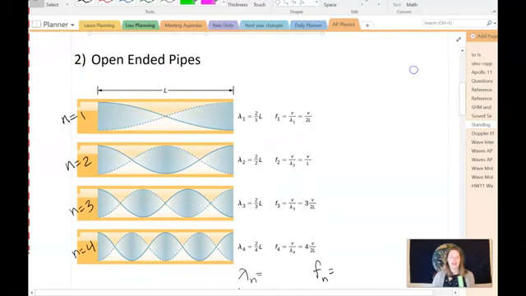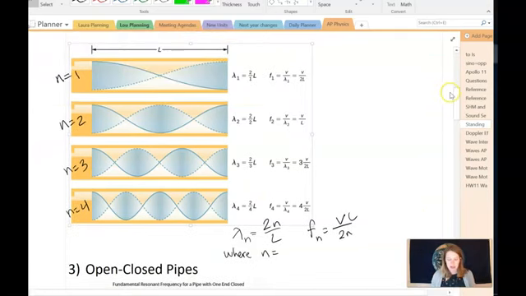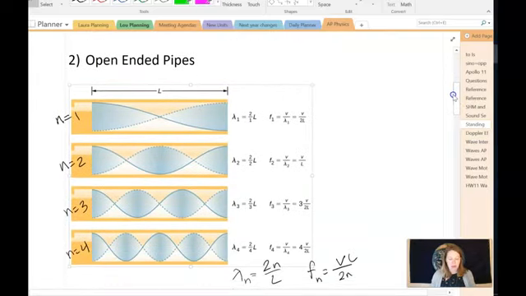So we actually see the same pattern when it comes to expressing the wavelength of different harmonics. We have an antinode at each open end, so the fundamental can be seen when we have a half of a wave fitting into the length of the tube.